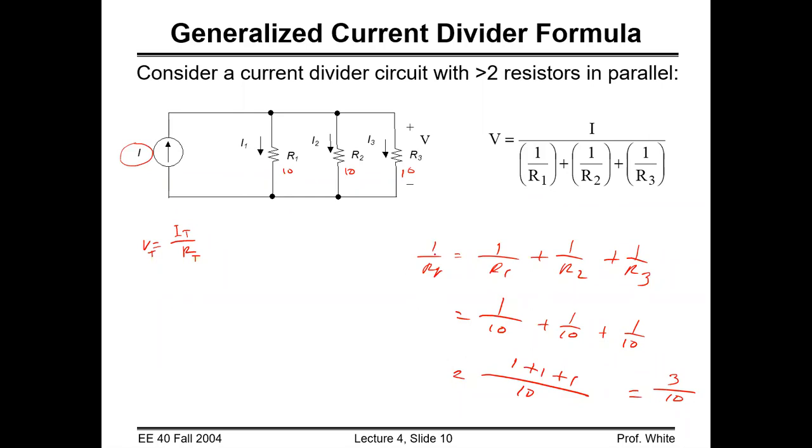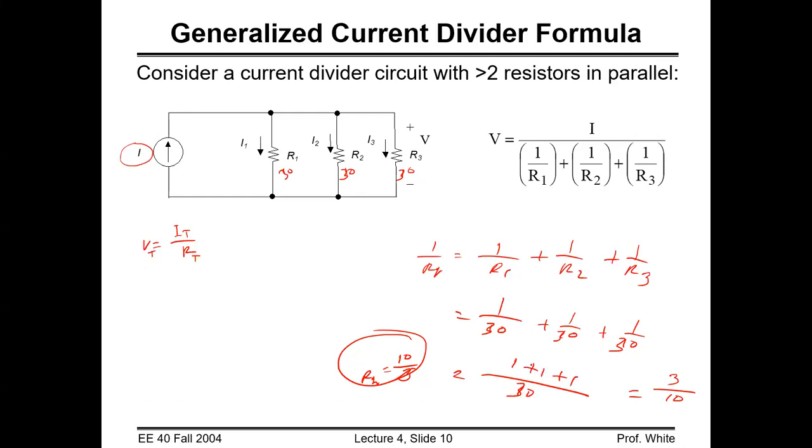Okay, this is 1 by R equivalent. So R equivalent is equal to 10 by 3, just reverse. Oh sorry, this is 30.